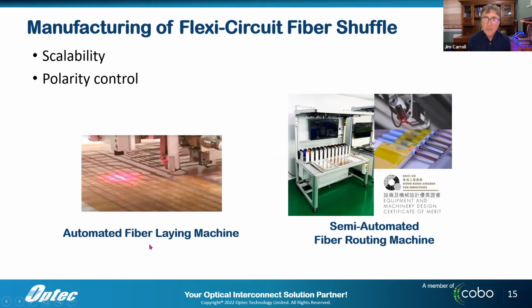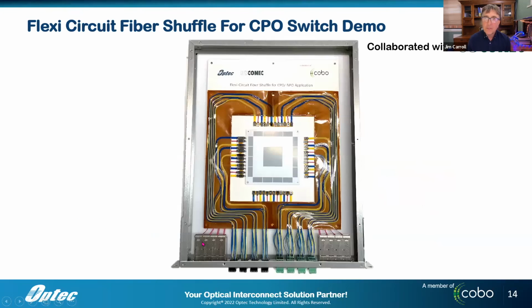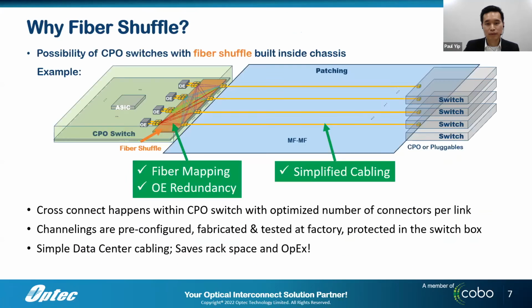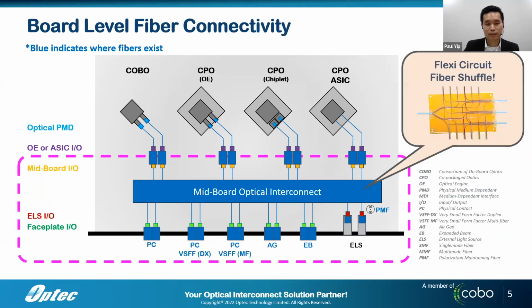Will the fiber shuffle require solder reflow to survive in the future, or does it? The scenario we are talking about right now is on the mid-board, where typically we're seeing the passive version.